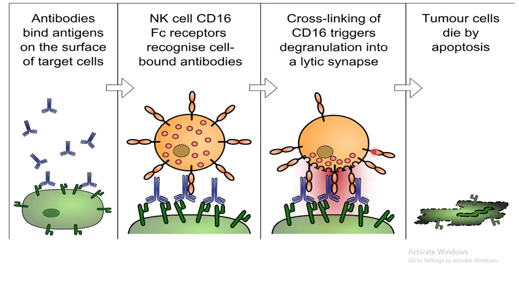Now, let me give you an idea how this particular mechanism of the ADCC works. The antibodies are going to bind to the antigen on the surface of the target cell. For example, if this is a pathogen, the immunoglobulin G1 recognizes specific receptors on the surface of these pathogens, so they bind over there.